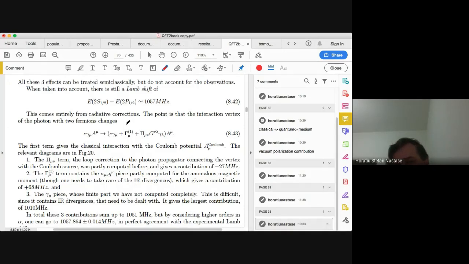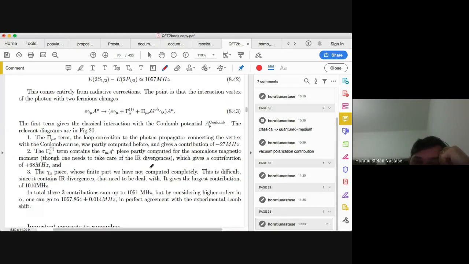The infrared divergences, I remember, correspond to the fact that we have loops at small momentum that diverge due to the presence of either small external energy or small external angle.